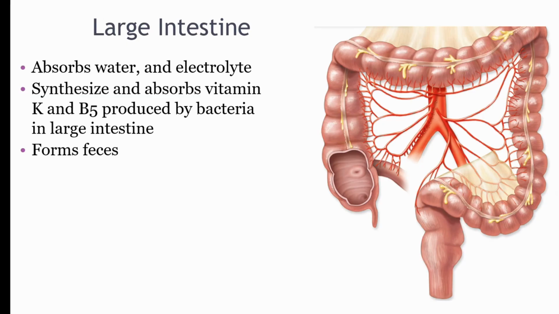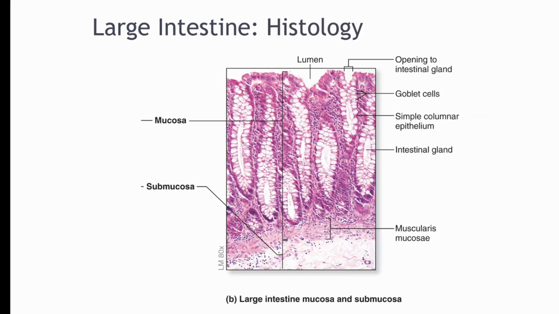So this is a histology of the large intestines. Notice the whitish things that you see here. Those are actually goblet cells, which are cells that make mucus. And your large intestines, because it dehydrates the waste from food, has a tendency to make your fecal matter compacted and too hard.